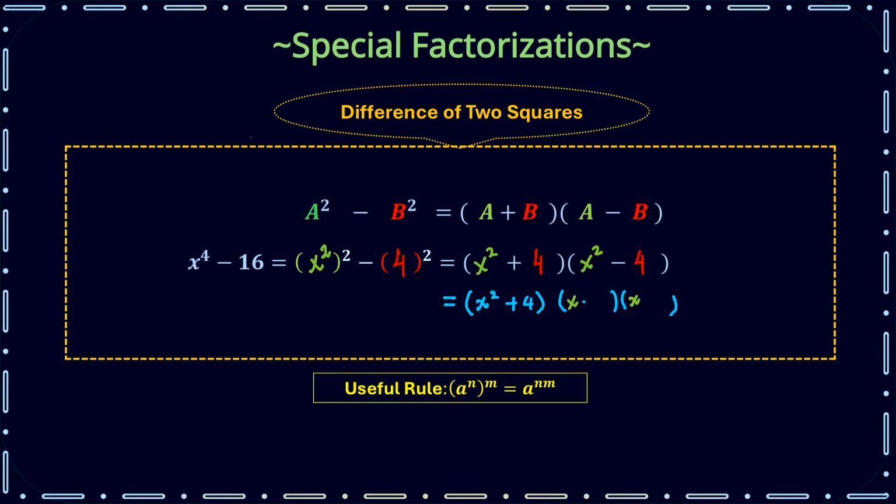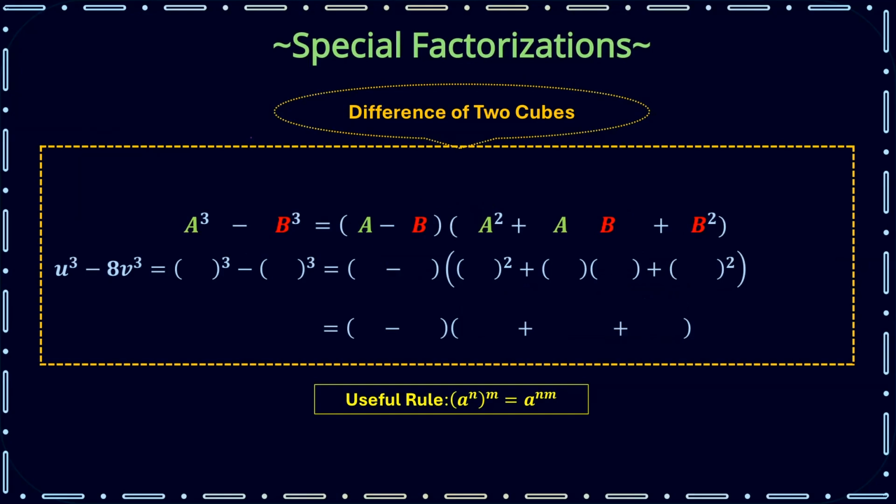One with the plus, one with the minus. 4 is the square of 2, so our b is 2. So we get x plus 2, x minus 2. And what we have here is a complete factorization of x to the 4 minus 16.